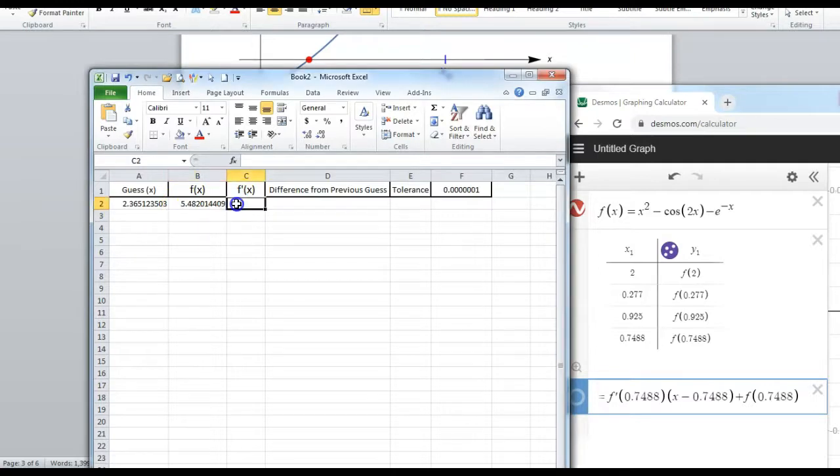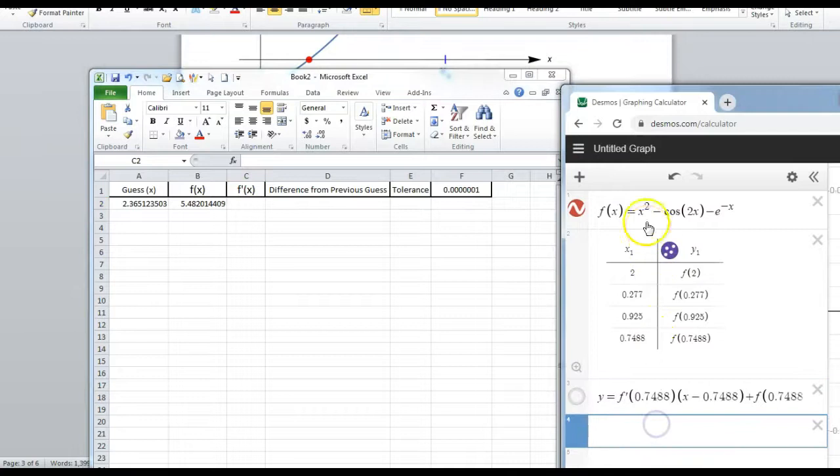Now for f prime, I need to take the derivative of this. So you'd have to go through line by line. What's the derivative of, I'm going to call it g. What's the derivative of x squared? It's 2x. All right, minus cosine. What's the derivative of cosine? The derivative of cosine is negative sine, so minus negative would be plus sine. Don't change the inside.